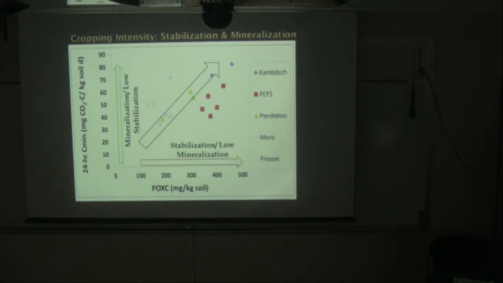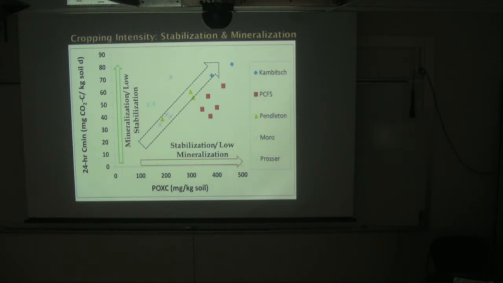So here I'm talking about tillage and cropping intensity as management variables. However, this same concept could be applied to different management practices, such as cover cropping and soil amendments, and how they move the soil around on this spectrum with a particular management goal in mind.